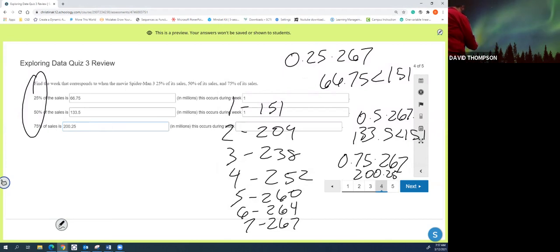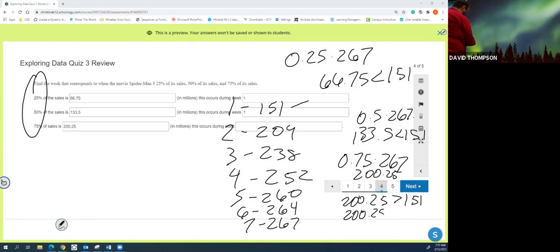Okay, so 200.25 is greater than 151. So it's not week 1. But 200.25 is less than 209 for week 2. So because it's in between, we'll say this happened during week 2.